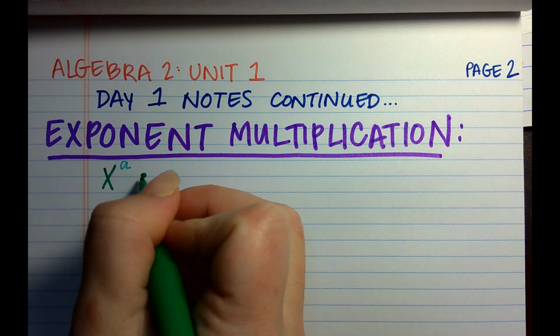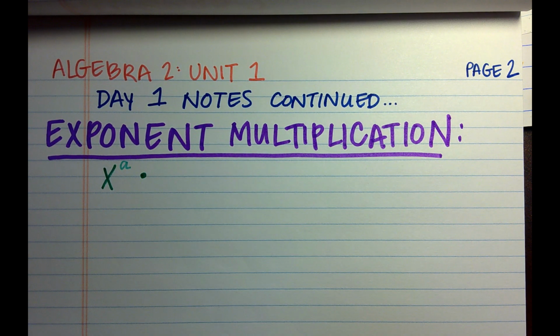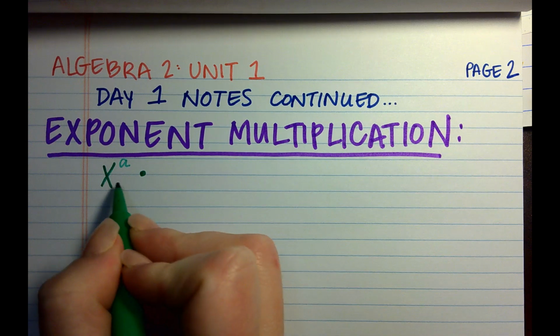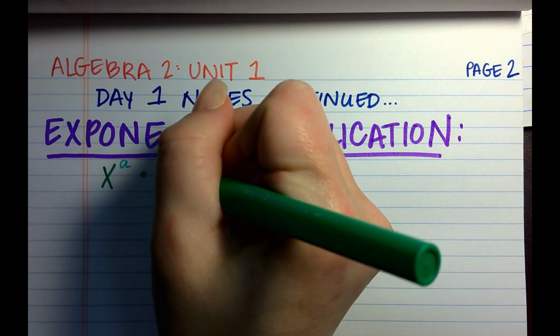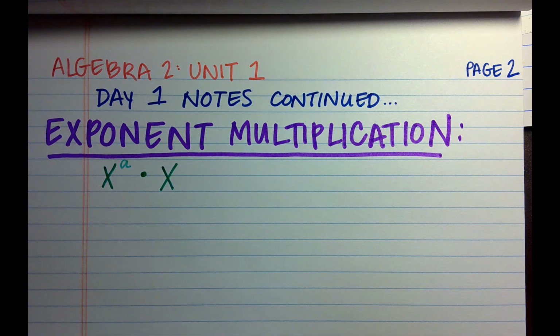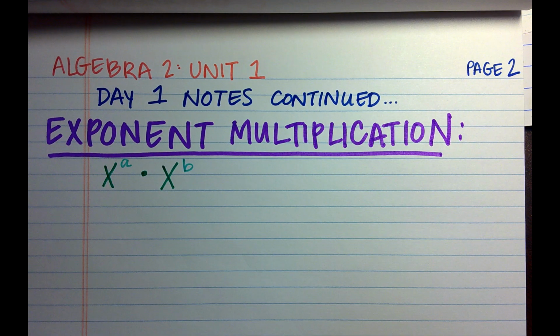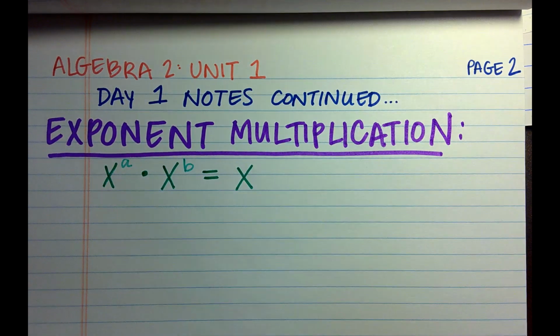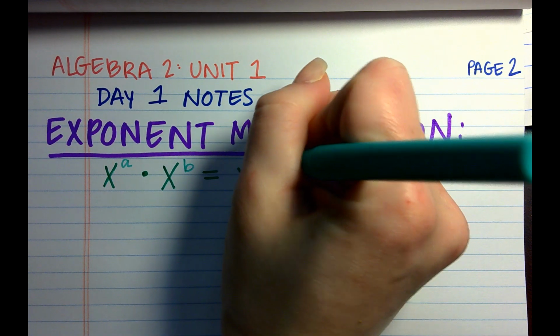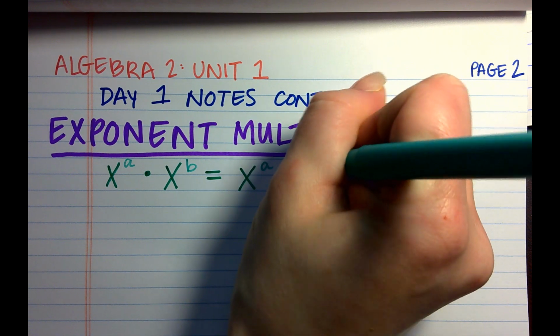Okay, so assume that if you see an x, it's a variable, not a multiplication symbol. And of course, if you're not sure, you can always ask me. So x to the a power times x to the b power equals x to the a plus b.